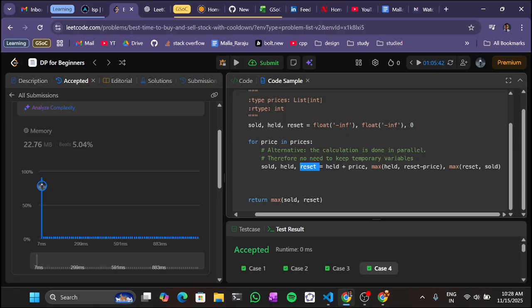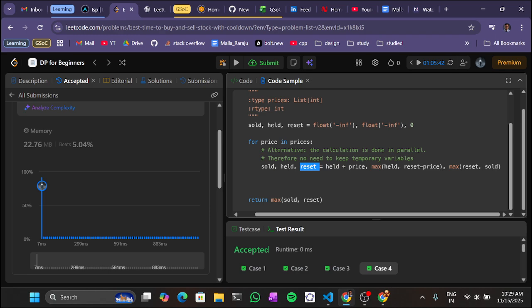Obviously reset, so initially reset will be 0, and in the next step, since we choose to buy it, we'll have negative price if we are holding it, and sold will be negative infinity obviously, and reset will be 0 itself.